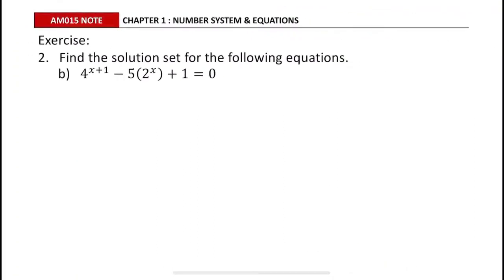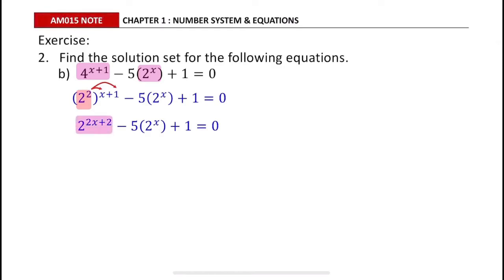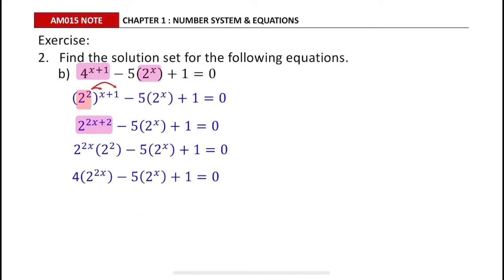In this question, the indices are 4 to the power of x plus 1 and 2 to the power of x. Their bases are not the same, but we can change base 4 to base 2 where it equals 2 squared. After multiplying the power, we get this equation. Then we apply the multiplication rule to 2 to the power of 2x plus 2. The 2 squared equals 4 and write it before the 2 to the power of 2x.